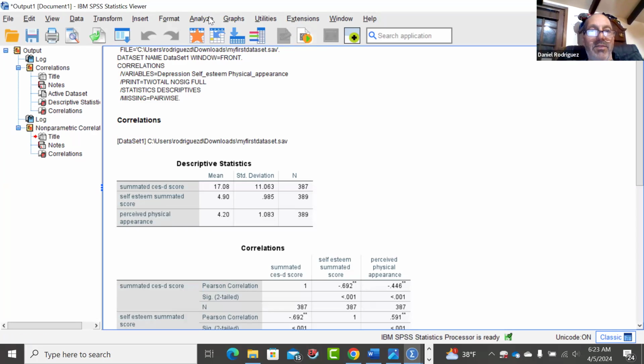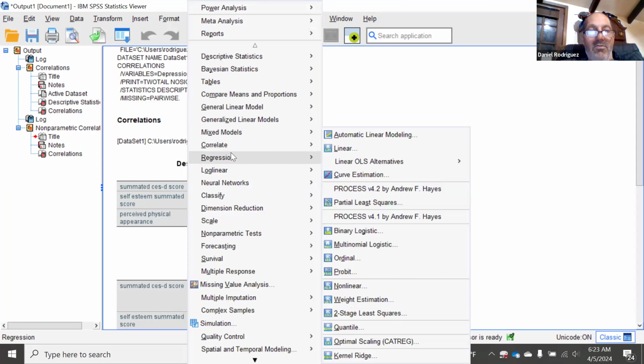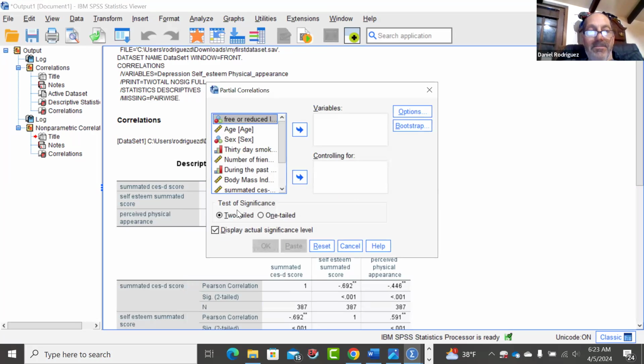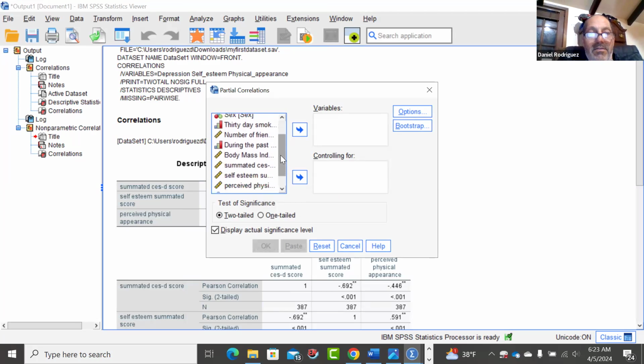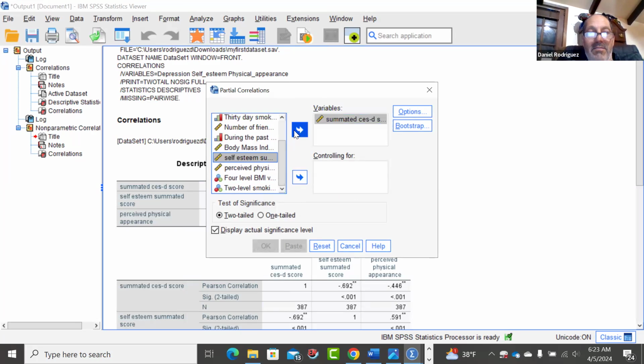The next step would be to go back and hit Analyze, Correlate, Partial Correlations. This is what we want now. Again, we're doing the exact same variables: depression, self-esteem, and we're controlling for perceived physical appearance.